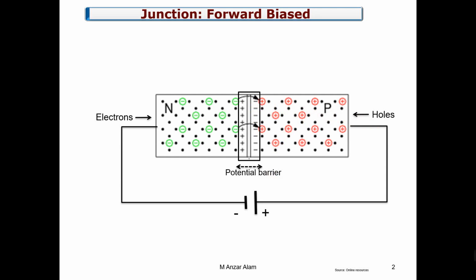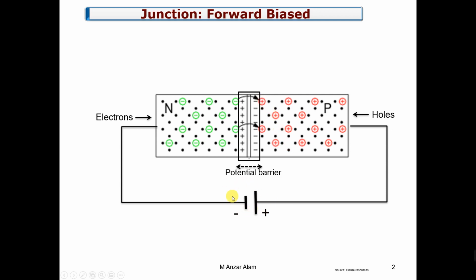So the more we increase the supply voltage, from 0.1 to 0.2, 0.3, 0.4, the more electrons and holes it will inject, causing the width of the depletion layer to reduce.